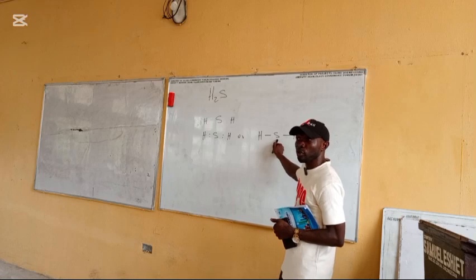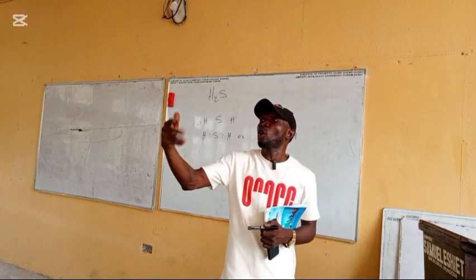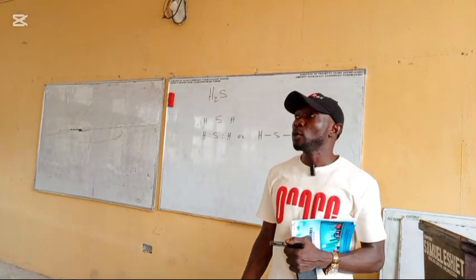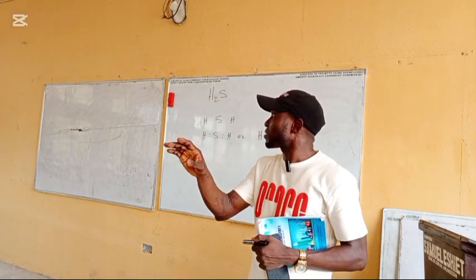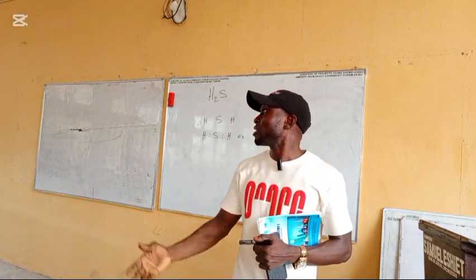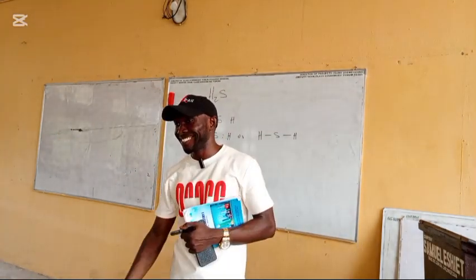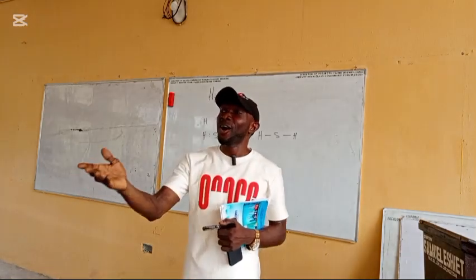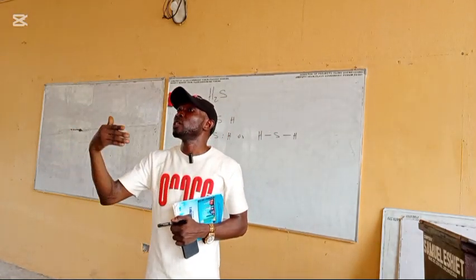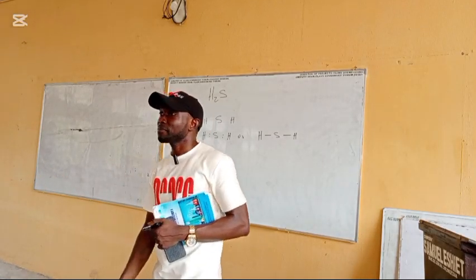Since hydrogen atoms are satisfied, this guy here is called sulfur. Is sulfur satisfied? No. Sulfur is going to be in accordance with the octet rule. Those elements found around the 2nd period, all the 2nd period elements and 3rd period elements, are always known to attain octet.